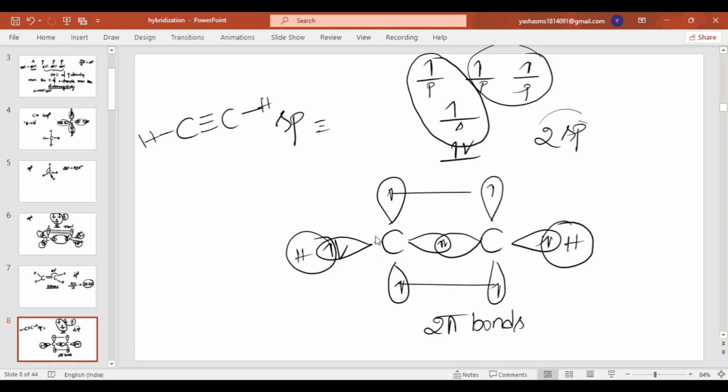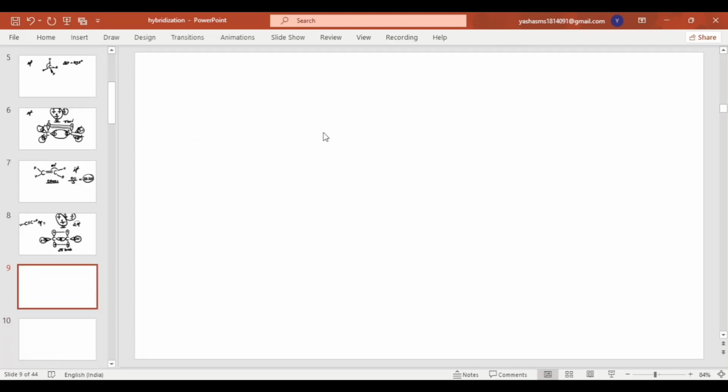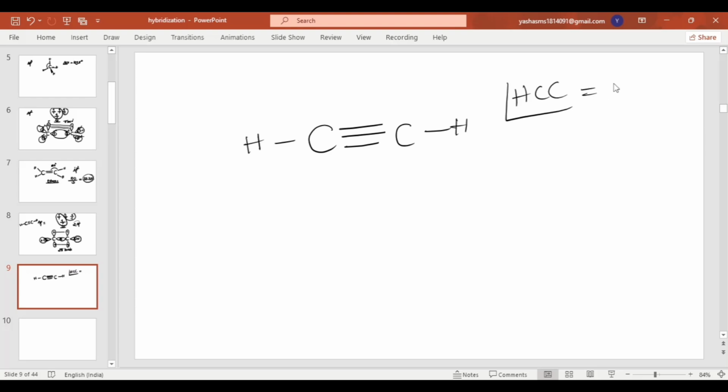Therefore the final structure we can write is a carbon with one sigma bond, attached to two hydrogens on either side, and two pi bonds like this. If I ask what is the hydrogen, carbon and carbon bond angle, it looks like 180 degrees, a straight line. This is 180 degrees.